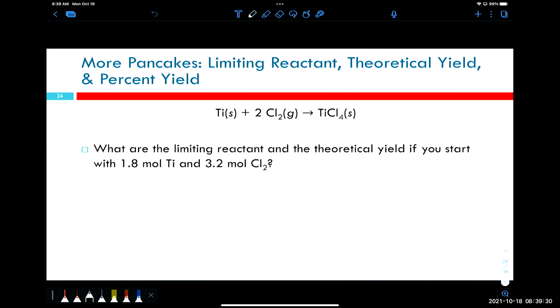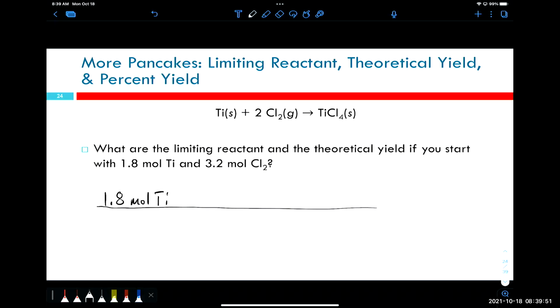So we'll start out just like any problem when you're balancing a chemical equation. We have 1.8 moles of titanium. And then we're going to use that. If you remember, just another recap, we're always going to go from moles to moles.